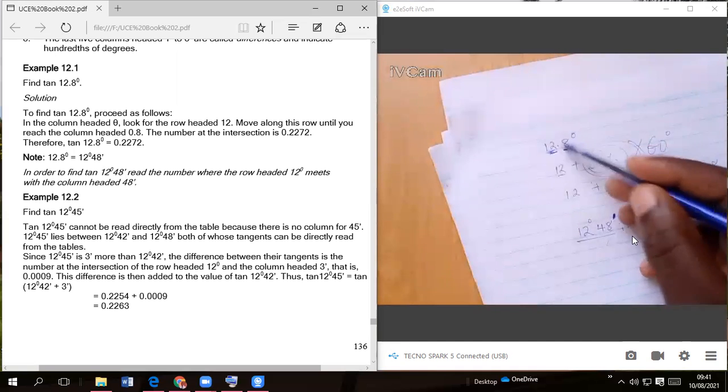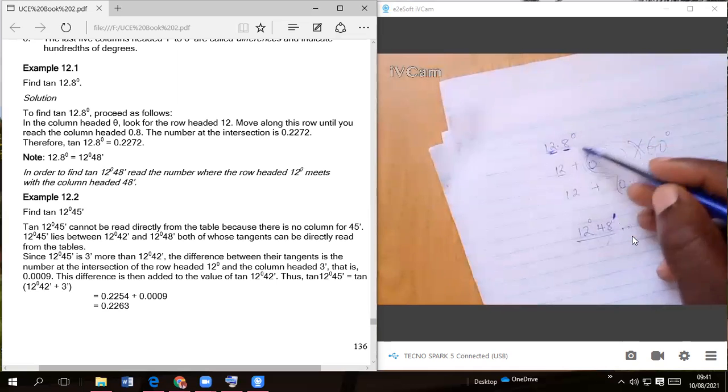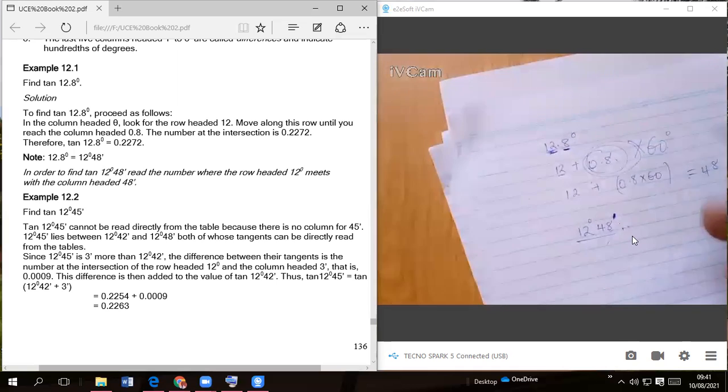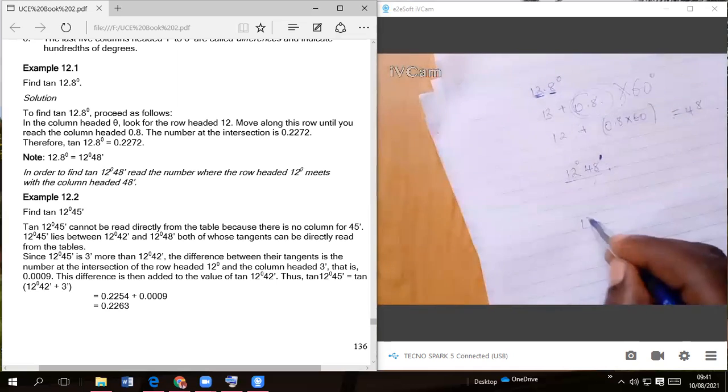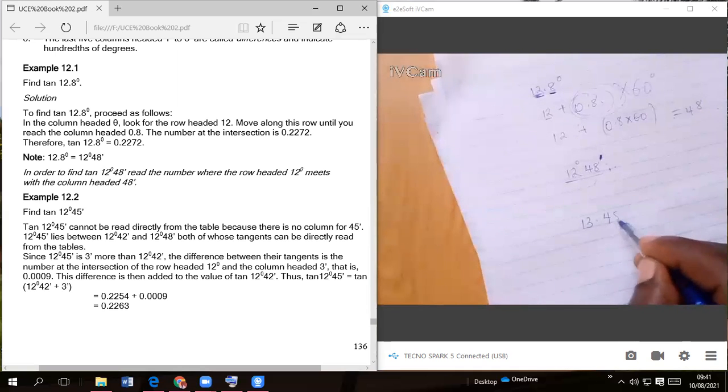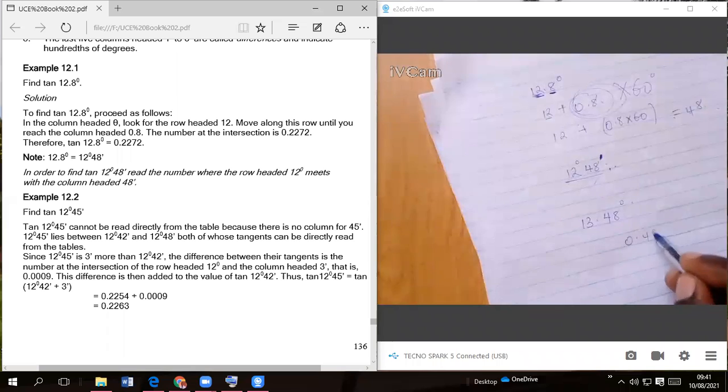This decimal, we multiply by 60. Suppose you have, let's say, 13.48 degrees. We shall get 0.48 and multiply it by 60.